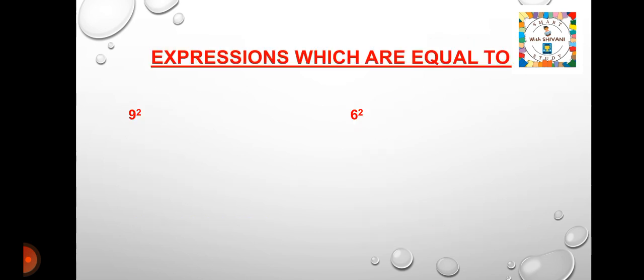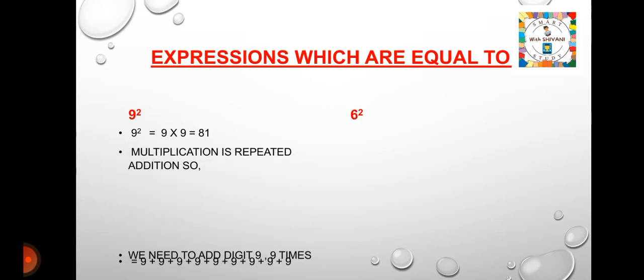Now the expressions which are equal to 9 square. 9 square is what? A perfect square number. So 9 square can be written as 9 times 9, which is 81. Now looking back to our initial schooling days, we also learned that multiplication is nothing but repeated addition.